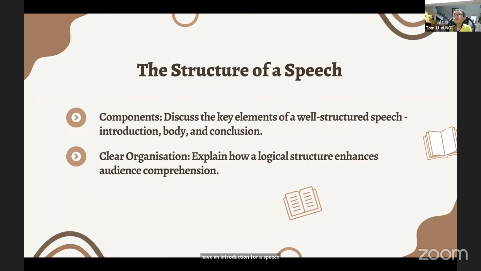Because if I don't have the introduction to the speech, the speech without introduction just goes on, and here is what we're going to talk about, blah blah blah.